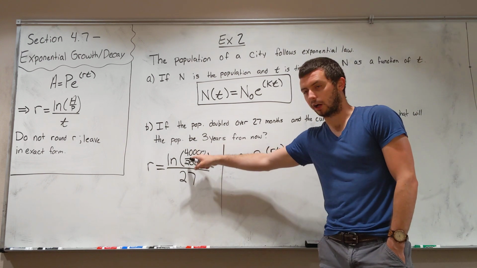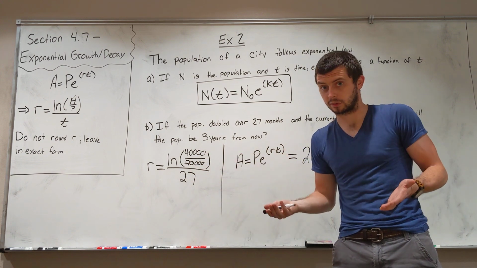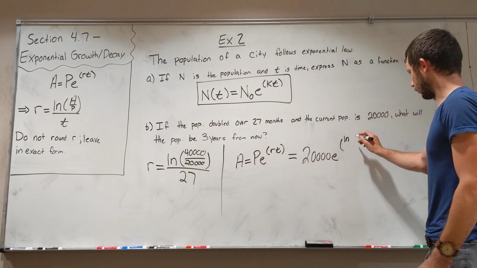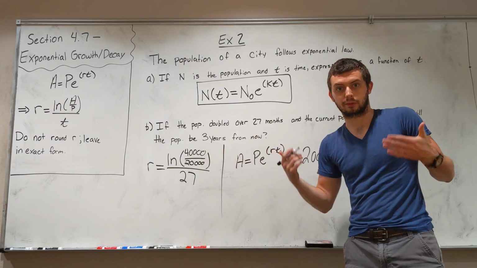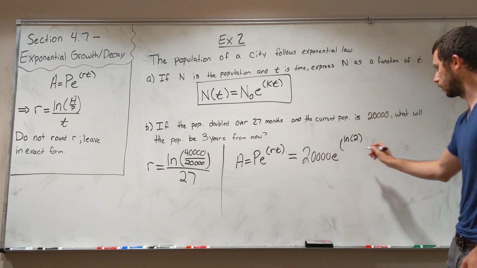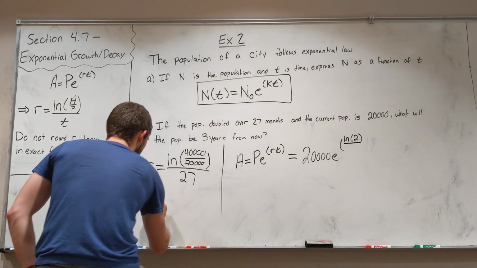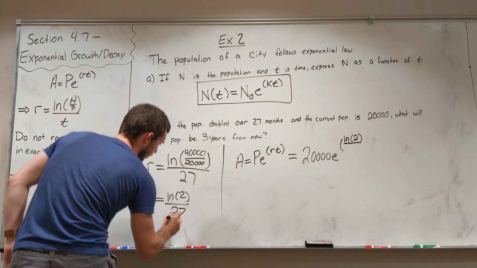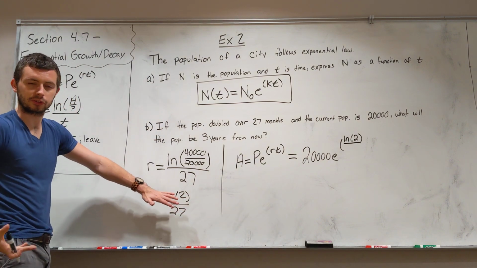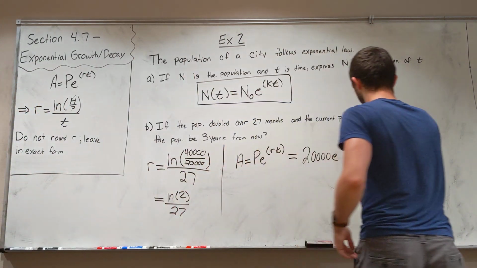And we can go ahead and divide 40,000 by 20,000 because that is a nice number. That's just ln of 2, doubled. So that's ln of 2. In fact, I'll write that down here just in case. You can simplify as much as you can as long as you get exact answers. So it's still divided by 27.